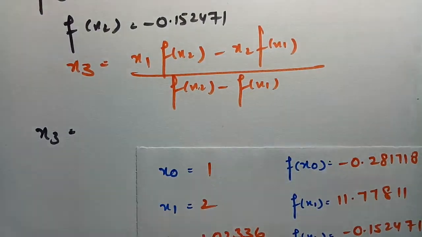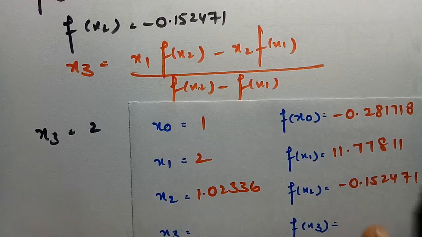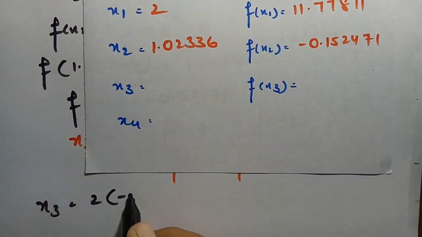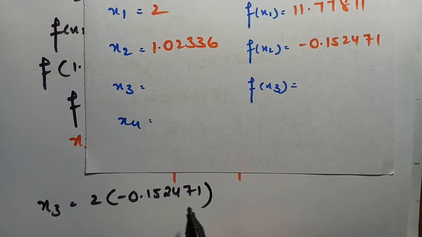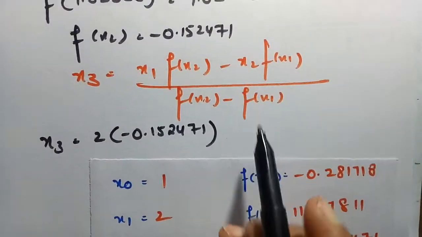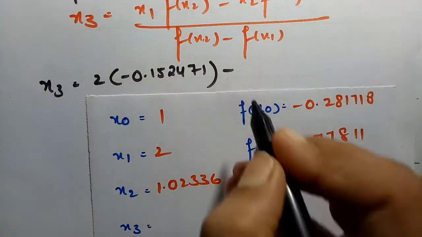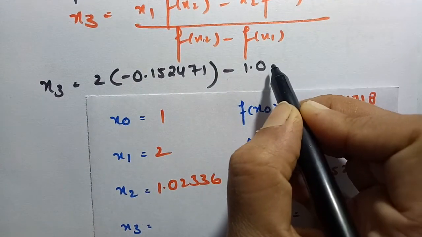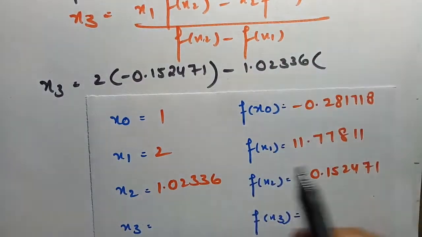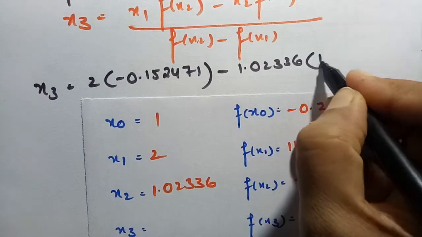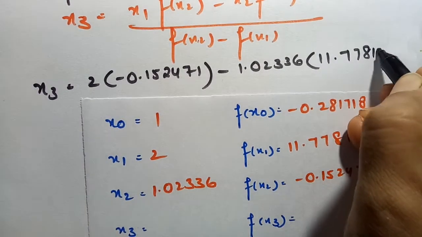So x3 value is equal to, what is x1? So x1 is equal to 2. F of x2 value is nothing but minus 0.152471. So f of x2 is ready and minus x2. So x2 value is this one, minus 1.02336 into f of x1. So f of x1 is nothing but 11.77811.